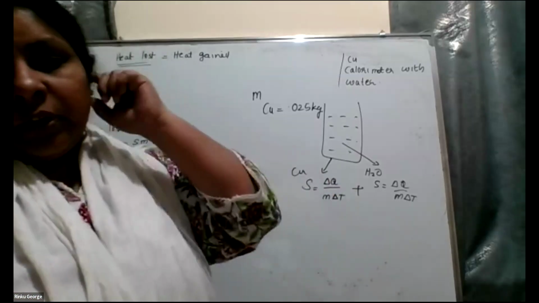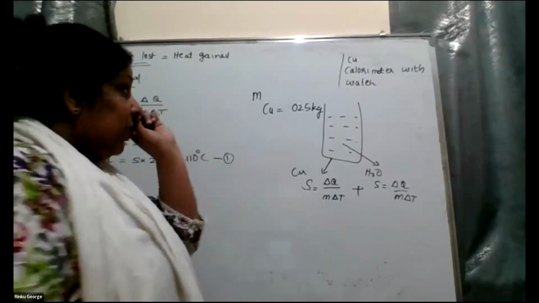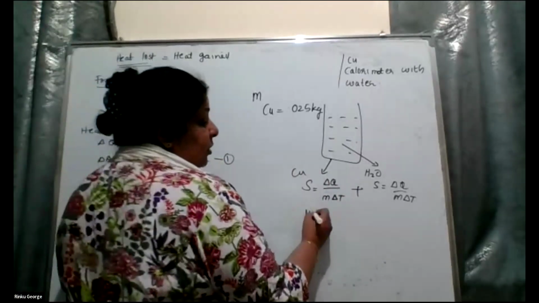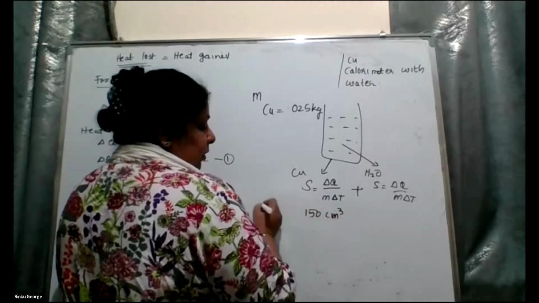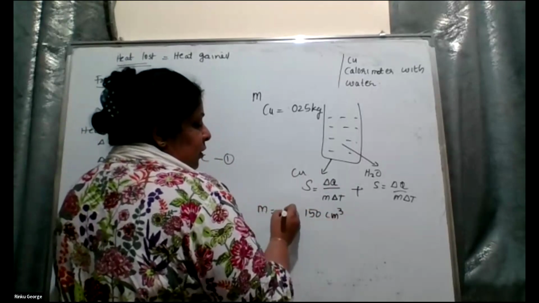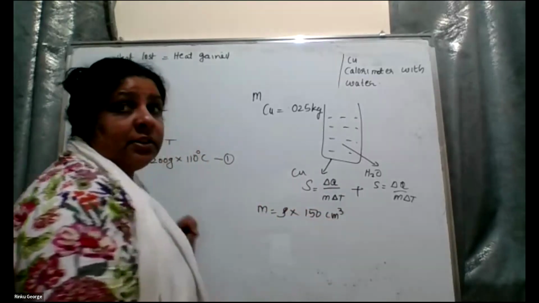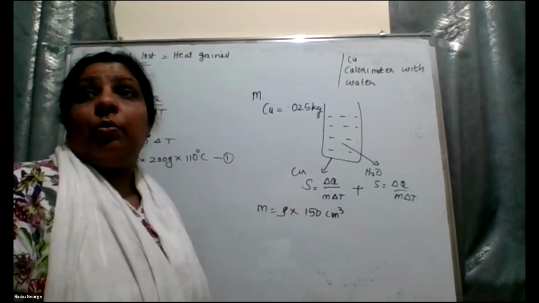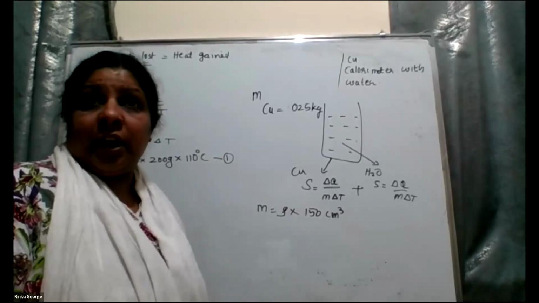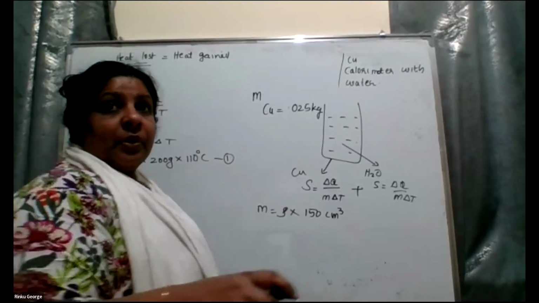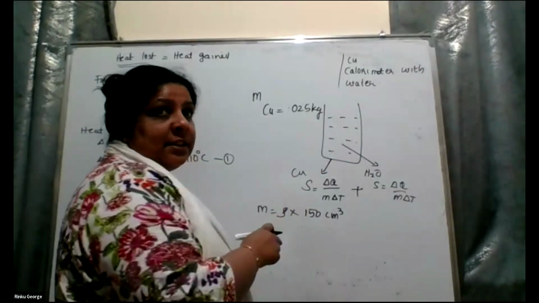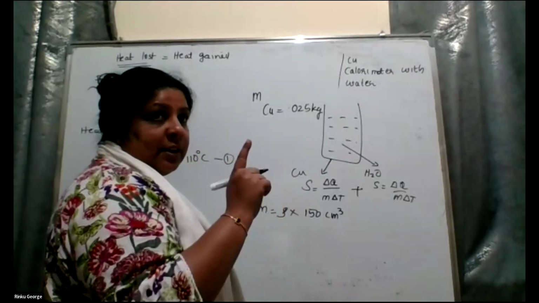Okay. So now mass of water. How will you find mass of water? It is given 150 centimeter cube of water. So mass is equal to density into volume. Density of water is 1 gram per cm cube, it's in CGS, right? So density you will take as 1 in CGS.